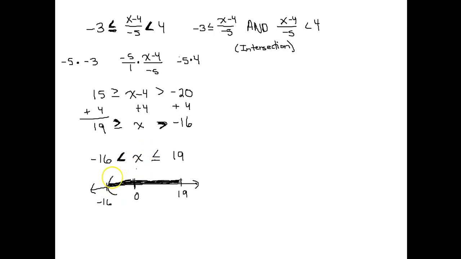So you're going to do a parenthesis right there at -16. But 19, x is less than or equal to 19, so we're going to do a bracket there. So in interval notation, you've got negative 16 comma 19, parenthesis on the negative 16, bracket on the 19. That's all the solutions to it.